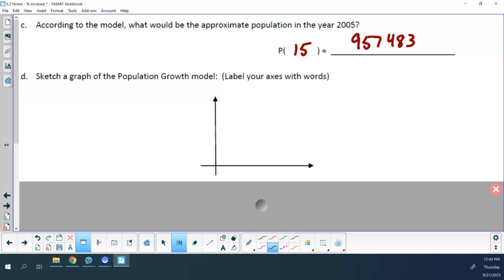Okay? So let's graph this, and the key part is we need to label our axes with words. So let's go on to our graph. Let's create ourselves a new graph.